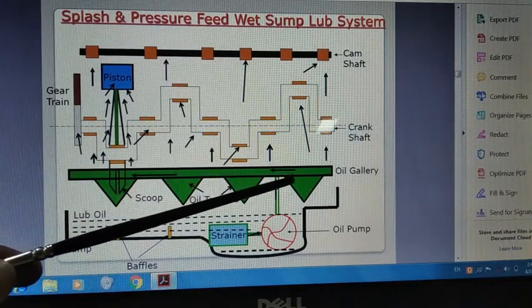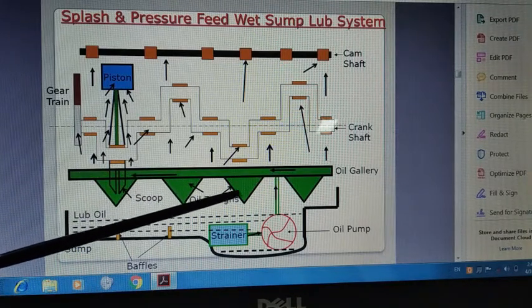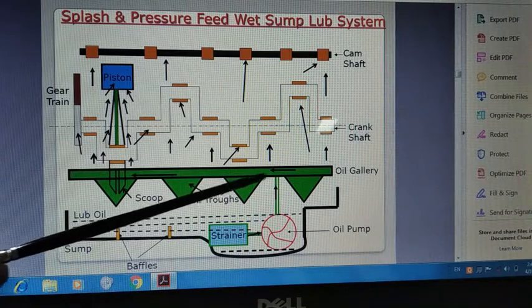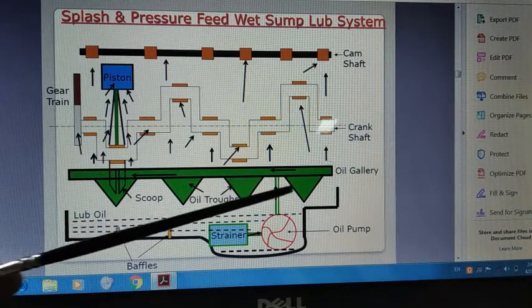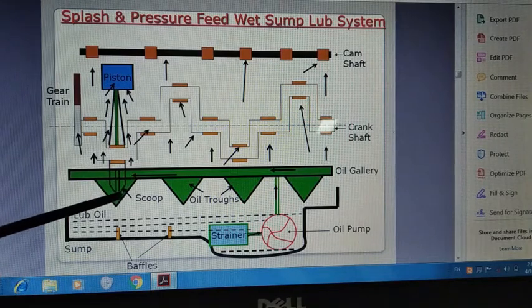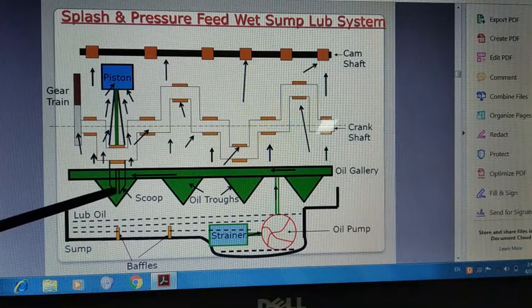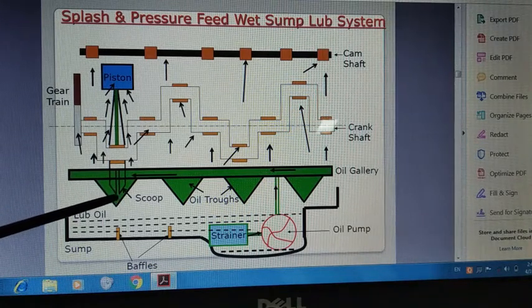So you can see this is the oil gallery and there are different oil troughs to hold the oil temporarily, and there are scoops provided for the individual connecting rods.